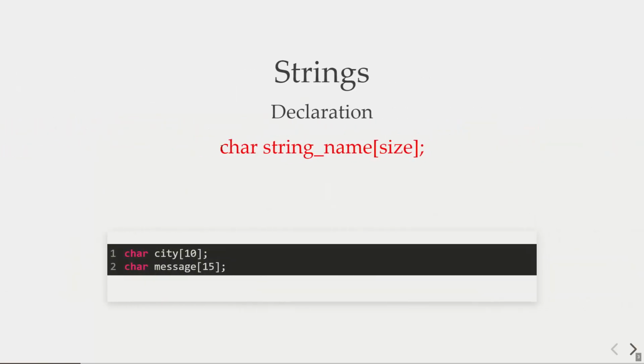To define a string, we don't have a separate data type called string in C. Instead, we use a character array as the way of declaring a string. I have just declared two variables over here, two character arrays, one called city of size 10, and one called message of size 15. The size tells you how many characters can be stored inside that string.